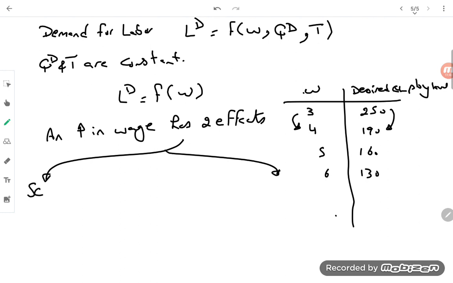Number one, scale or output effect. In this case, an increase in wage results in a reduction of the scale of production, or output is going to decrease due to reduction in employment. So output will decrease as employment is going to decrease.